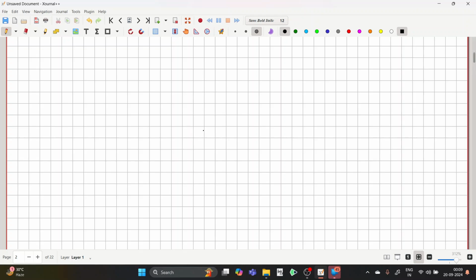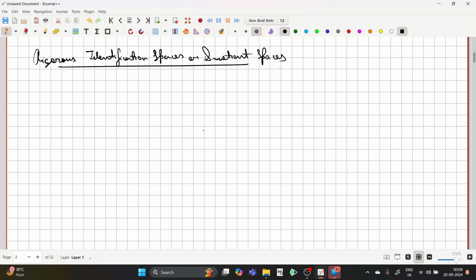Okay, so rigorous identification spaces, or quotient spaces. Clear? So what are we trying to do? First, the motivation.